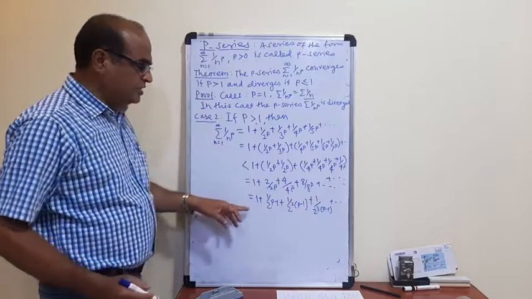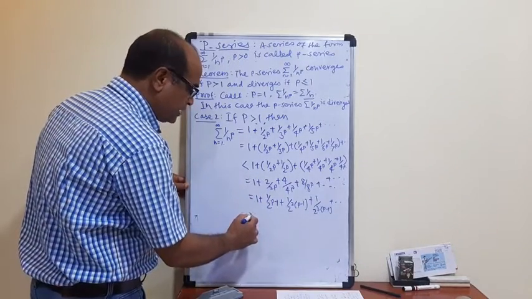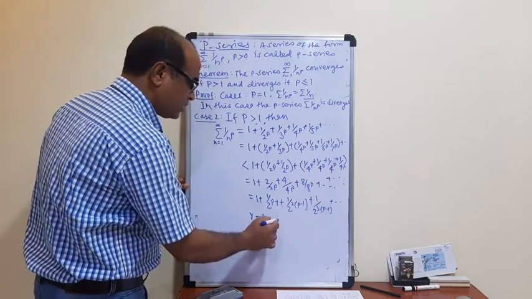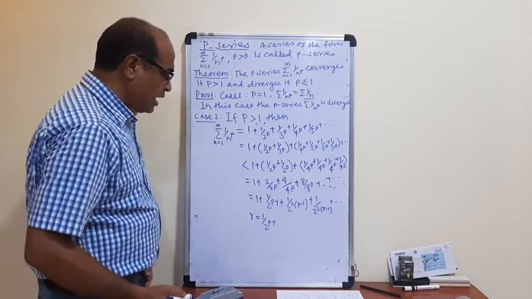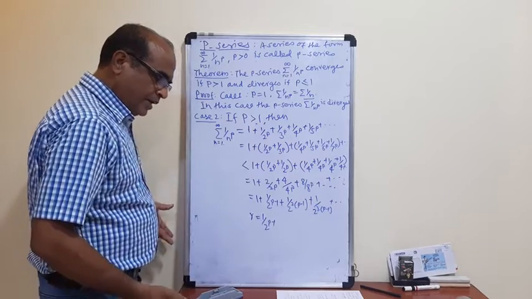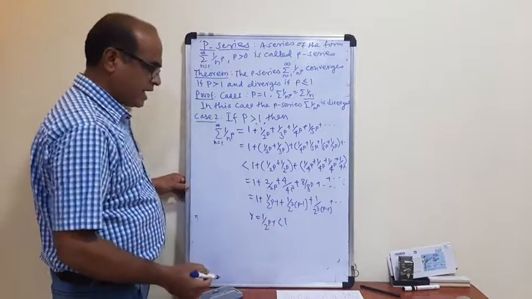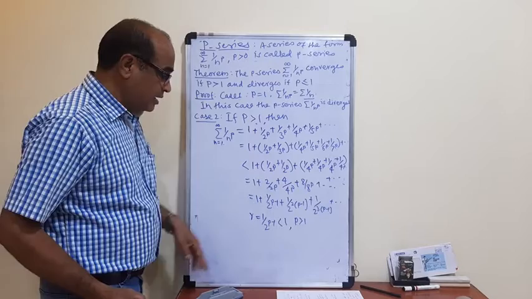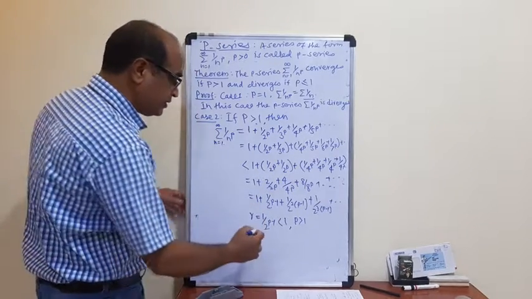Okay, but this is a geometric series with common ratio R equal to 1 upon 2 raised to P minus 1. But we know that if P is greater than 1, the common ratio is less than 1, then the series is convergent.